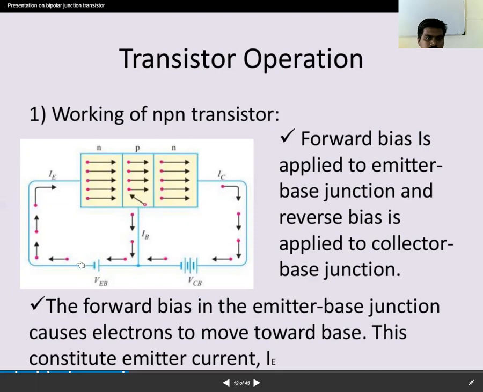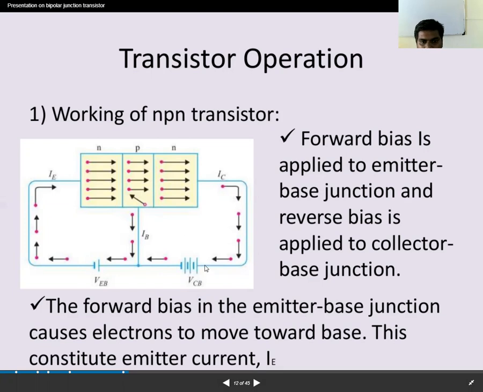Electrons will flow like this, from negative end to positive end. Similarly, here you can see the negative of the battery of the collector base junction is connected to the P region, and the positive of the battery is connected to the N region.